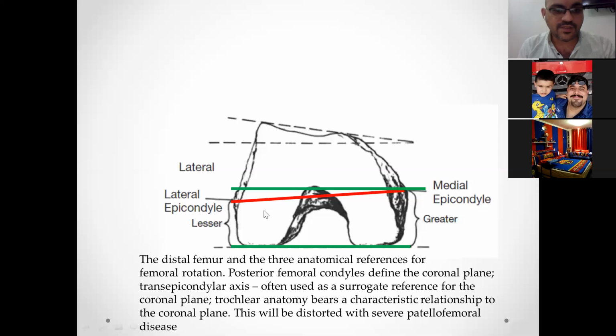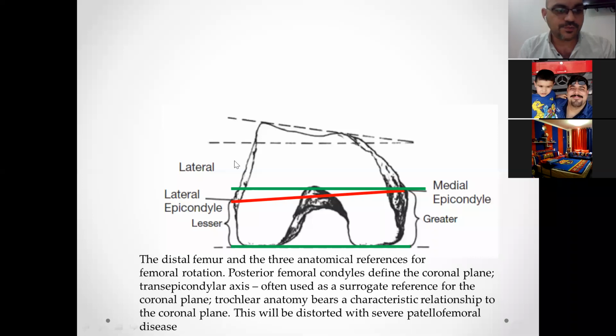If you can see the red line, this is the intercondylar line through the lateral epicondyles, and this green line is parallel to the posterior condyles. It forms 3 degrees of external rotation. And that's why you can reference these lines during component placement, and we will discuss that with the technique during primary total knee arthroplasty.